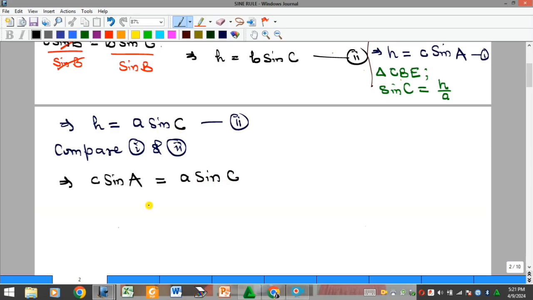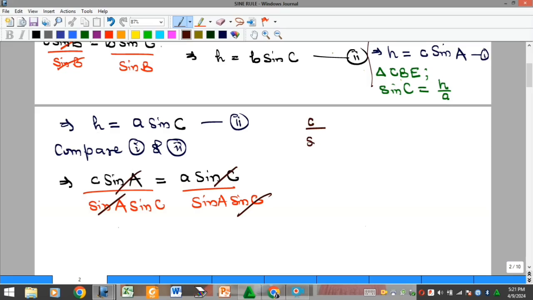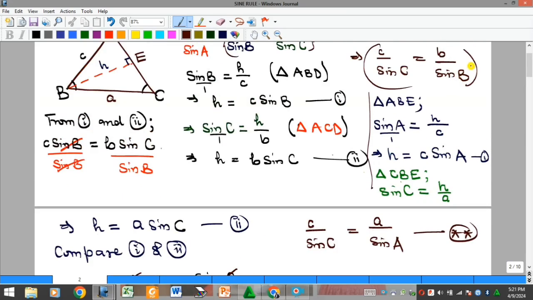So it will be A sine C. Here, see what I'm going to do: I'm going to divide through by sine A sine C at the same time. What is going to happen is that A will cancel A here, sine C will cancel sine C here, and that quickly gives me C all over the sine of C is equal to A all over the sine of A.